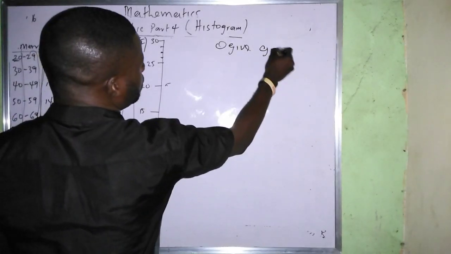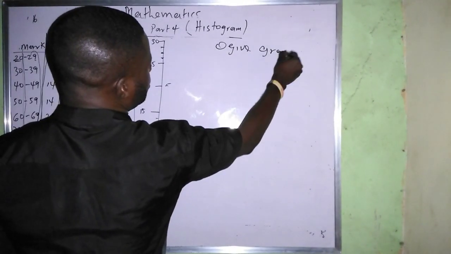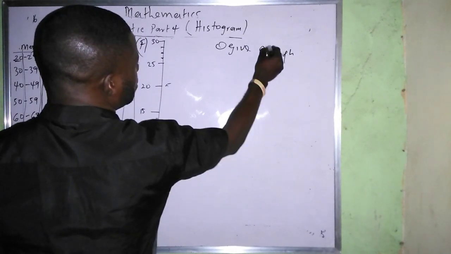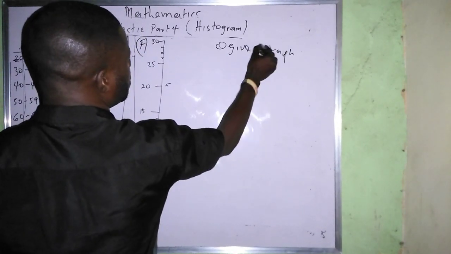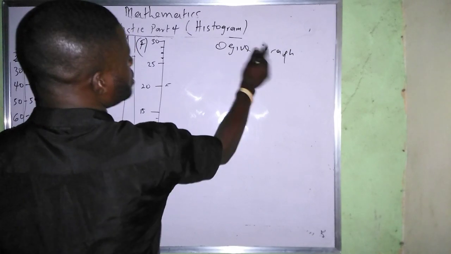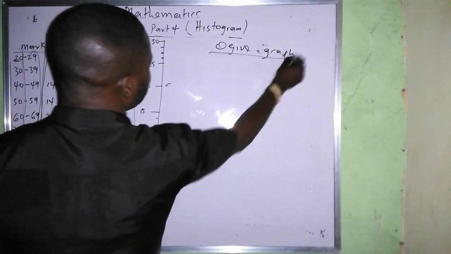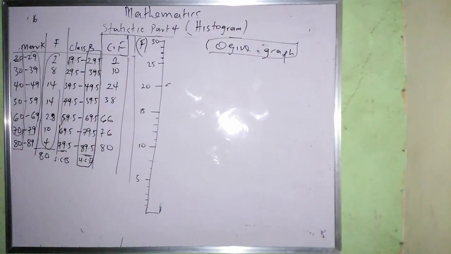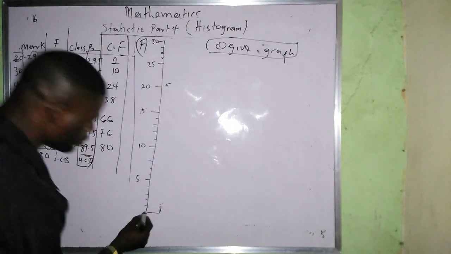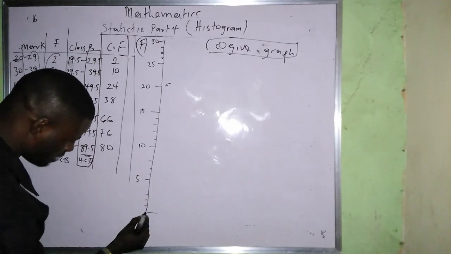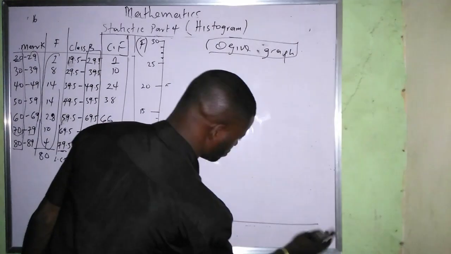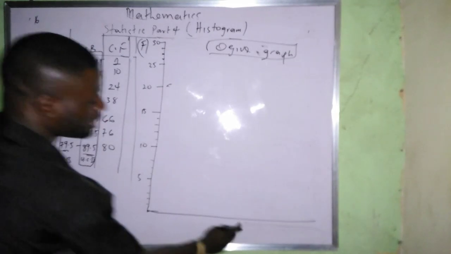OGIF. Let's call it cumulative frequency graph. It's very important. Now, there will be a scale, it's very, very important, and I will be using my upper class boundary.